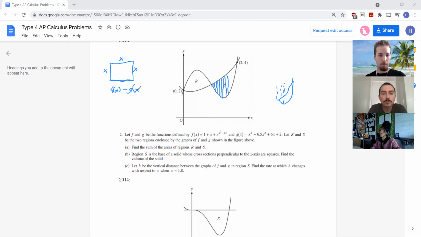Just imagine the bottom of the square is standing up. The bottom of the square is f of x minus g of x, and if the bottom of the square is f of x minus g of x, that means the top of the square is f of x minus g of x.